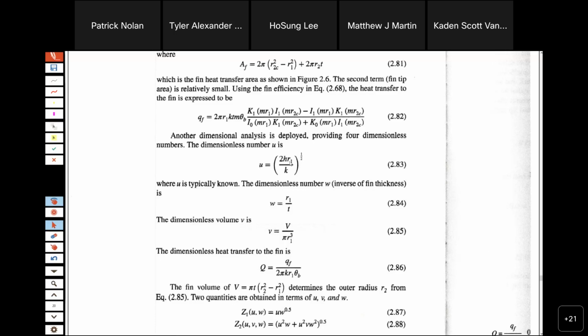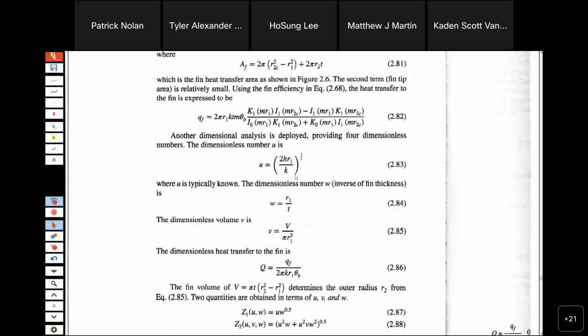So 2H, now not L but R1, R1 is given, and then K, the thermal conductivity of the material, and then power half.